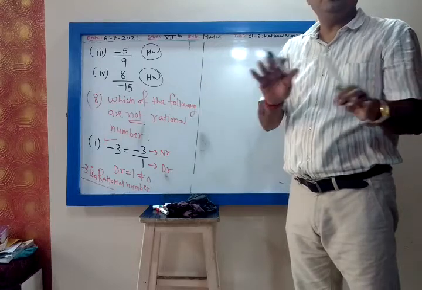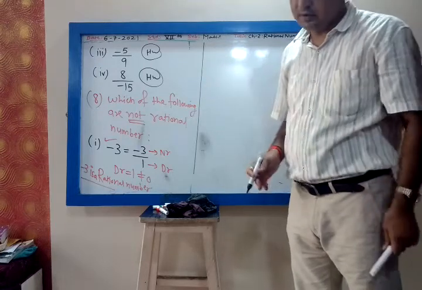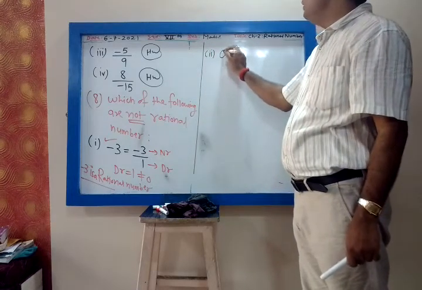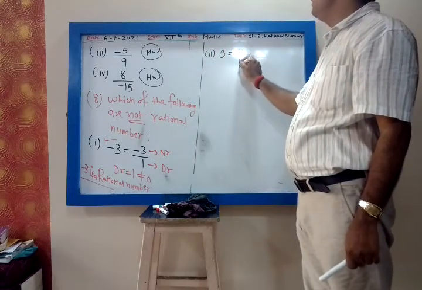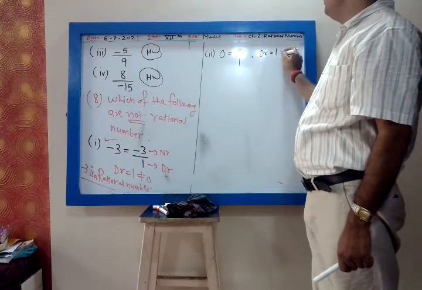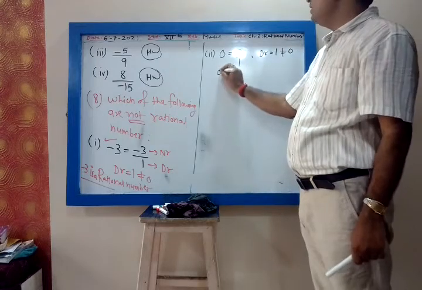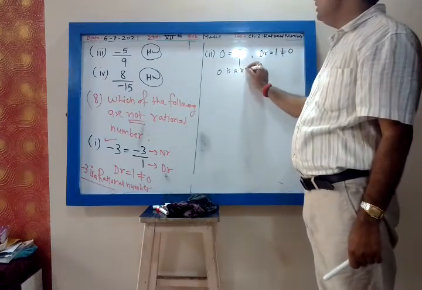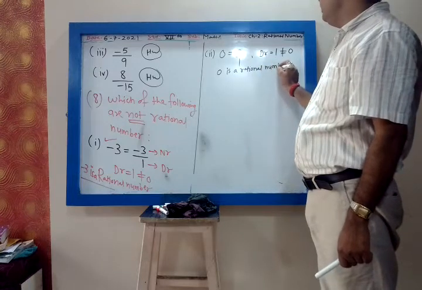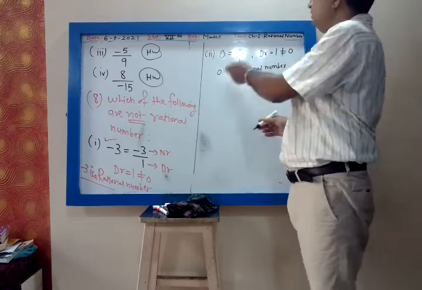If the denominator is 0, then it is not a rational number. Let us check. Second, 0 I can write as 0 upon 1 and denominator is 1, which is not equal to 0. So 0 is a rational number, because denominator is 1.